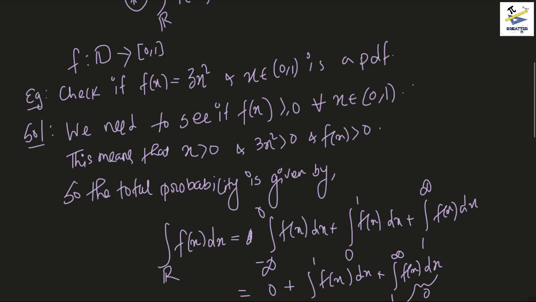Now the harder part, which is to find if the total probability is 1 or not.